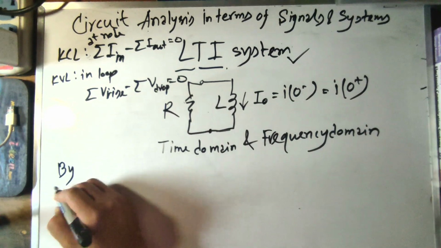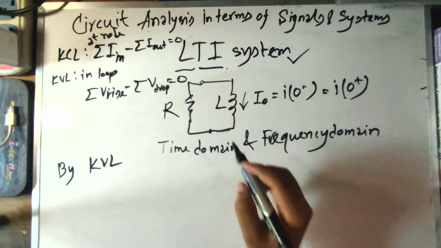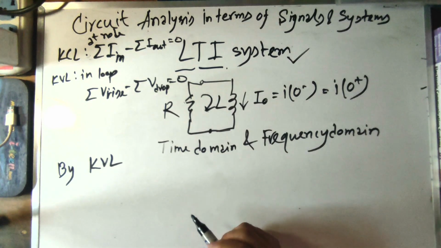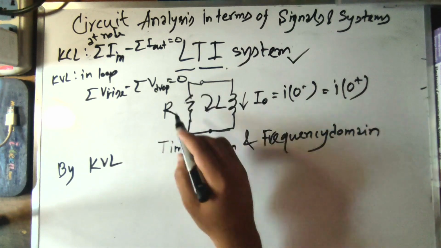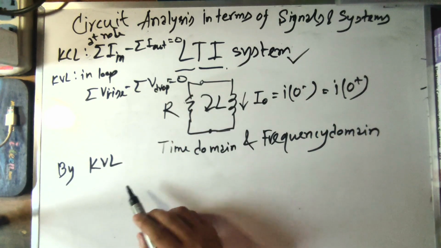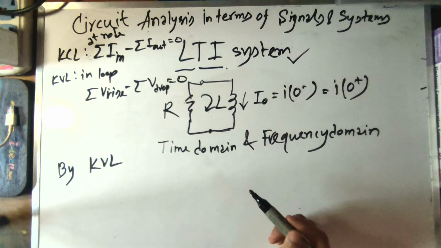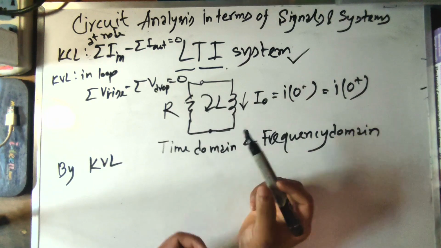By KVL, in a loop, voltage rise and voltage drop is equal to 0. There's no voltage rise, only voltage drop.